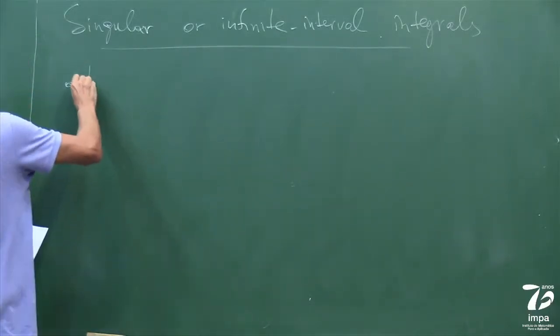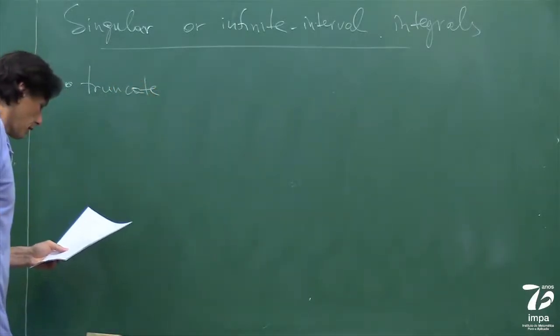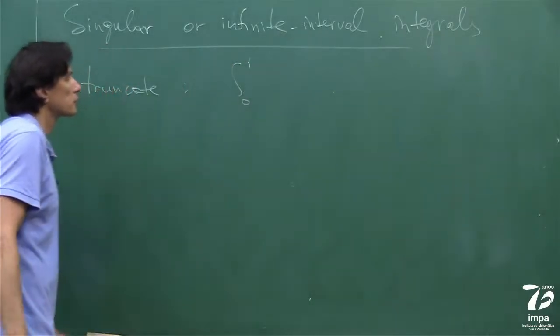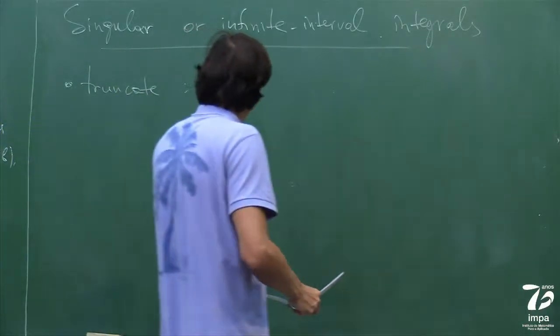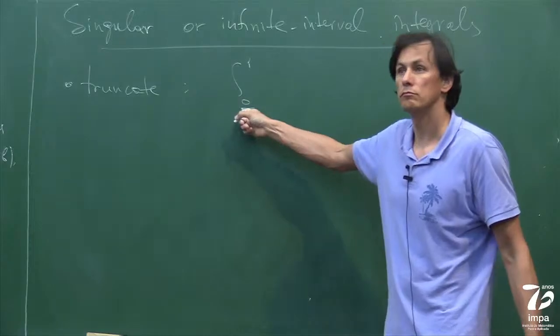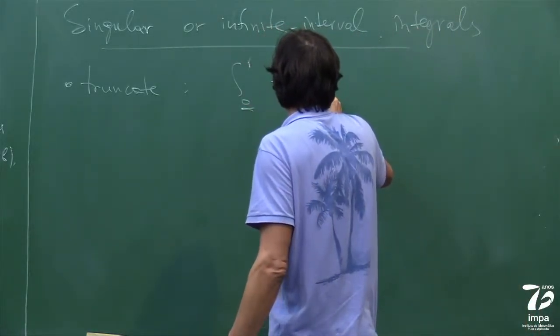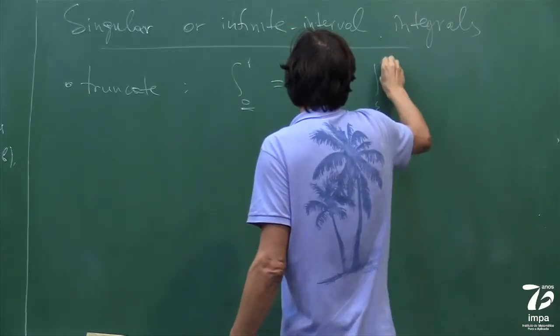First is truncate. Truncate means that, for example, you can take an integral from 0 to 1 and assume that we have problems at 0. Then it can be written as an integral from 0 to epsilon plus an integral from epsilon to 1.